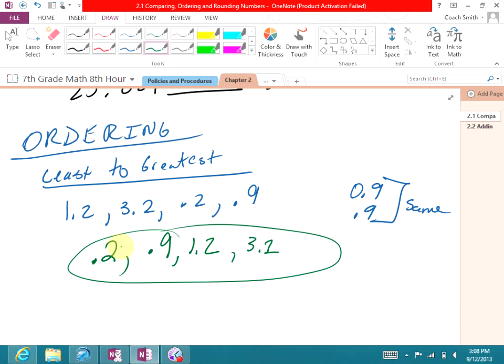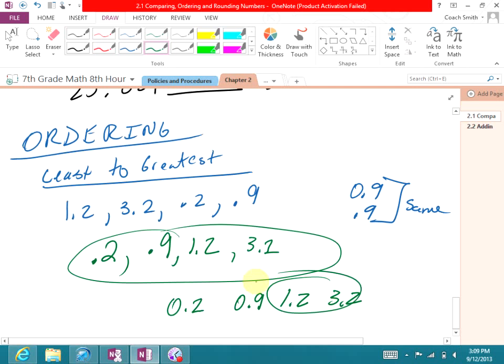Once again, if you make them all have the same amount of digits, you would have 0.2, 0.9, 1.2, and 3.2. So obviously a whole number with the decimal is larger than just a decimal number.